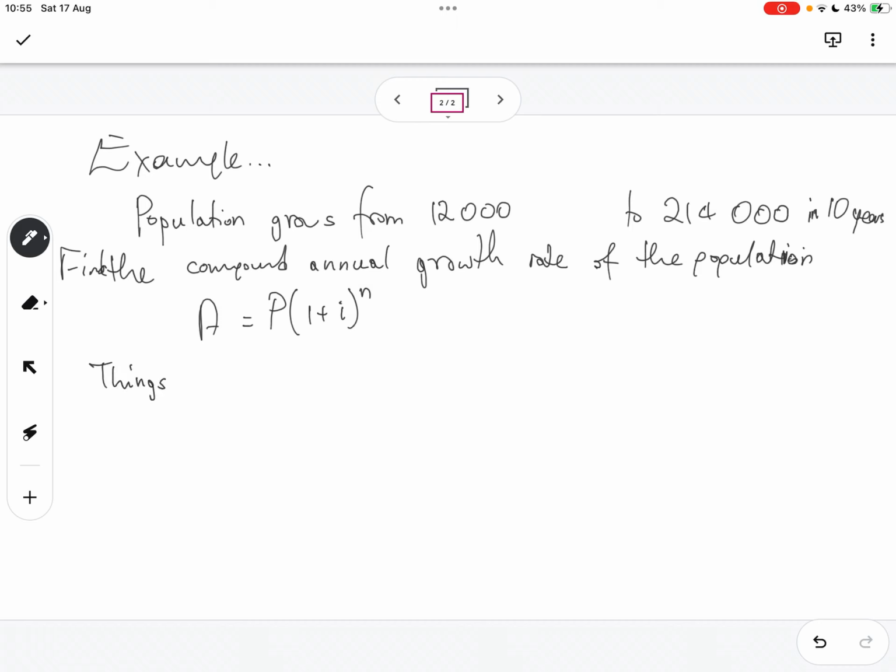If we write down the things that we know and the things we don't know, which one must we calculate? Let's start with the things that we know. What do we know to start with? Number of years. Okay, we have the number of years, at the beginning and at the end of 10 years, yeah?